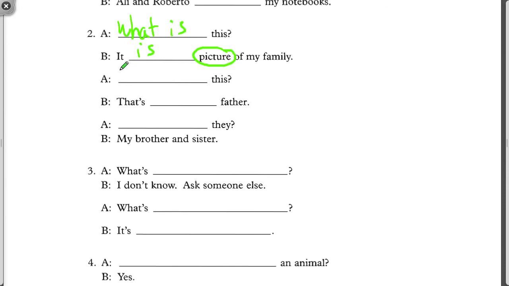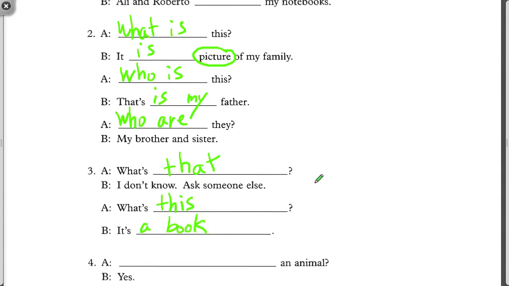My family. And here you would say, who is this? That is my father. And then you would say, who are they? They are my brother and sister. So you would say, what's that or this? And again, you can say, what's this? It's a book. There can be different answers here.